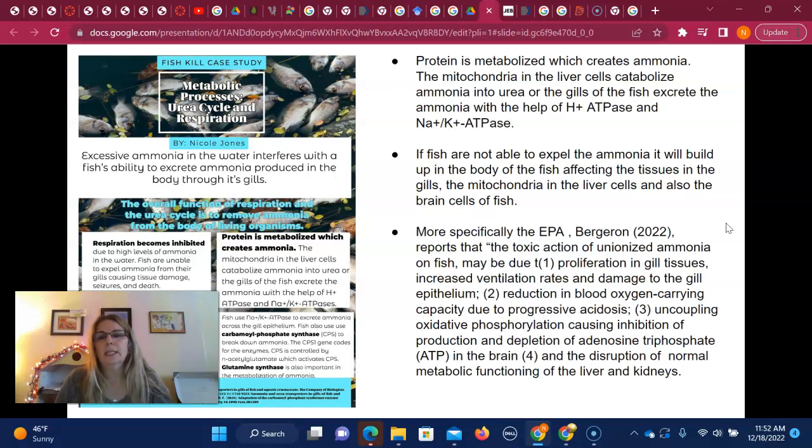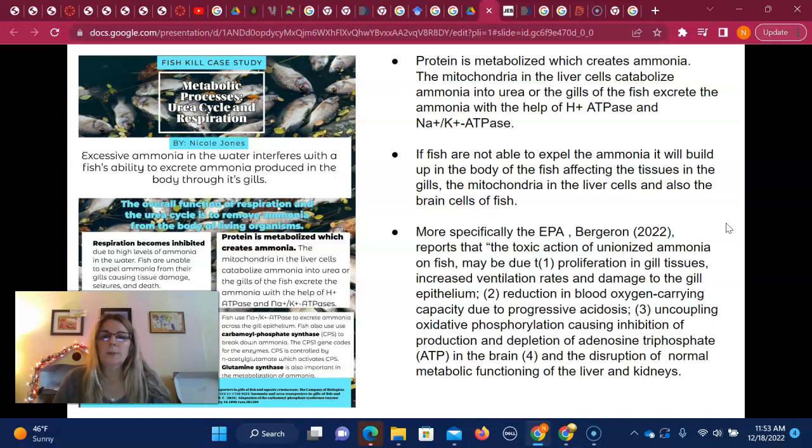More specifically, the EPA talks about the specific toxic actions of unionized ammonia, which are due to the proliferation in the gill tissues, which causes increased ventilation rates and damages the gill epithelium. There's also reduction in blood oxygen carrying capacity due to progressive acidosis.